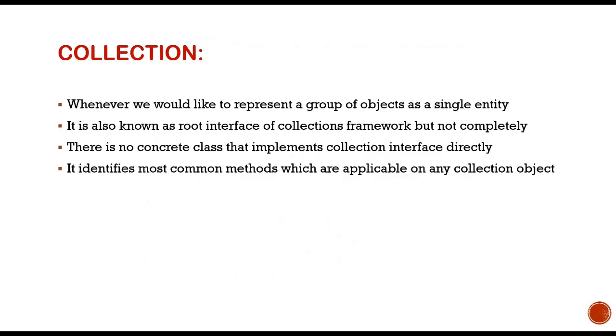Collection: whenever we would like to represent a group of objects as a single entity, it is also known as a root interface of collection framework, but not completely. There is no concrete class that implements collection interface directly. It identifies most common methods which are applicable on any collection objects.